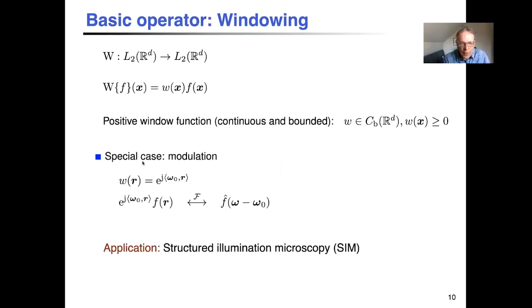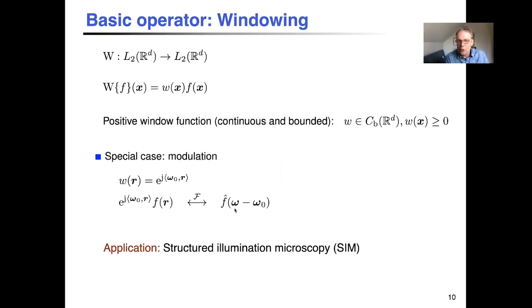Now there's a special case, super important for imaging, which is modulation. If you take this windowing function to be a sinusoid, then you do this multiplication, and you also know from basic signal processing that that will shift the frequency, the Fourier transform of your specimen.